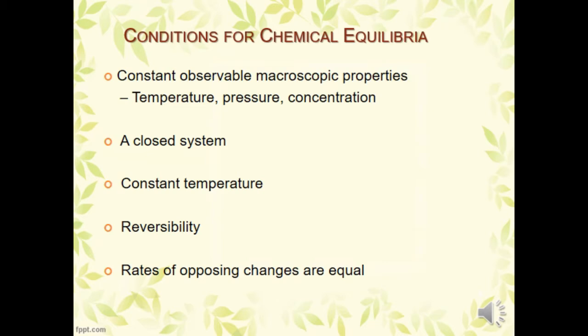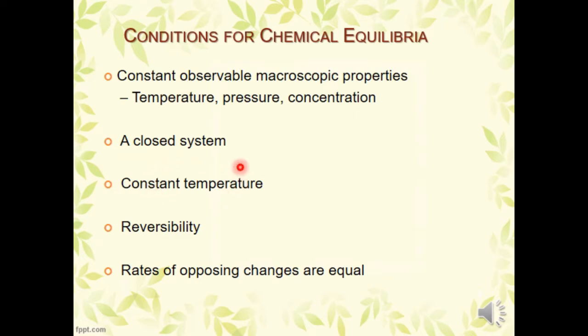So what are the conditions for chemical equilibrium? First, constant observable macroscopic properties, in terms of temperature, pressure, and concentration. You will look at this in much more detail in the later slides. Secondly, like I mentioned just now, it has to be in a closed system.